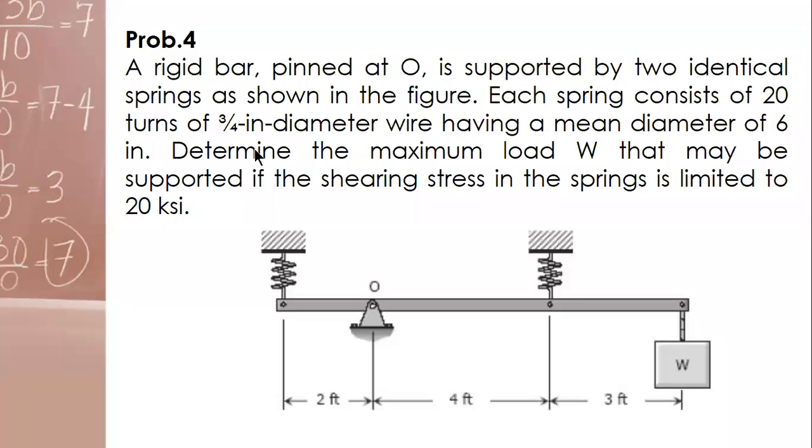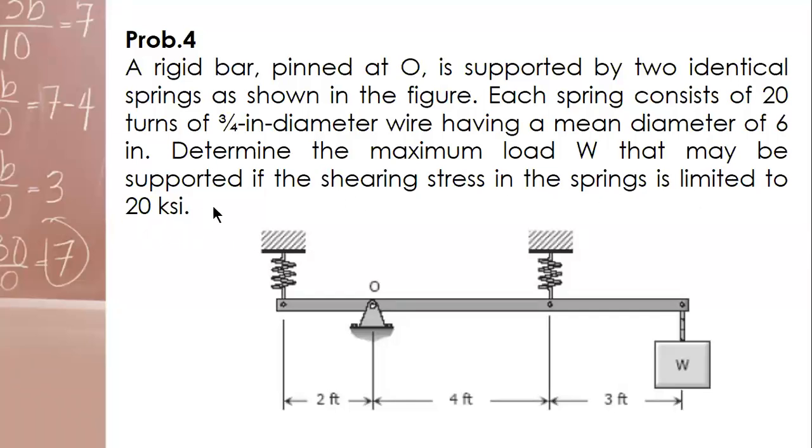Each spring consists of 20 turns of 3/4 inch diameter wire having a mean diameter of 6 inches. Determine the maximum load W that may be supported if the shearing stress in the springs is limited to 20 KSI.